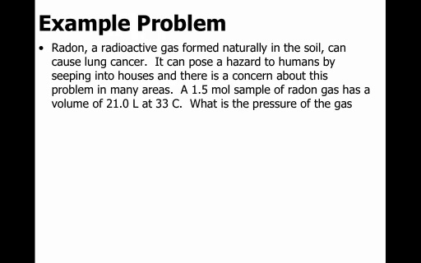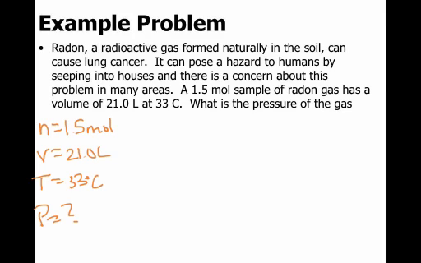If we have this particular gas, we have 1.5 moles of it. We're going to start our list again here. n equals 1.5 moles, and it has a volume of 21 liters at a temperature of 33 degrees Celsius. We want to know what is the pressure of this gas.